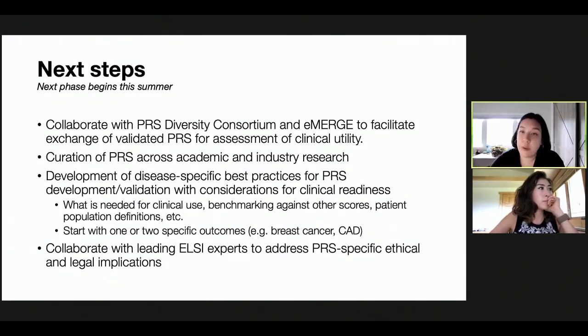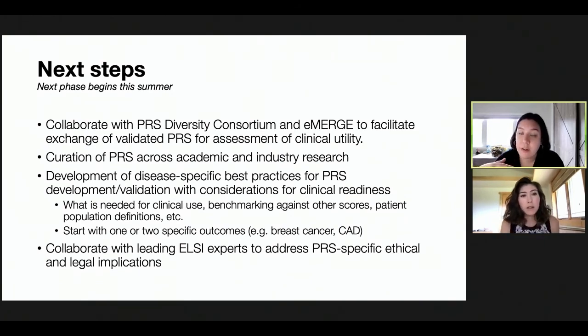And so the idea is that moving forward, when we think about the evaluation, this would be in a disease-specific manner, so the best practices. And this is specifically saying, we're not talking about just the best practices statistically, you know, what is the best practice for data cleaning? More that what is the best practice to ensure that the PRS that you develop in your data set has the necessary components and the necessary information to move forward to being able to be assessed for clinical validity and clinical utility, essentially, and actionability for that specific outcome.